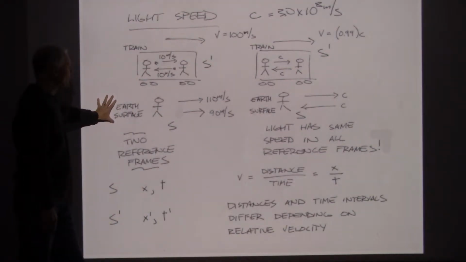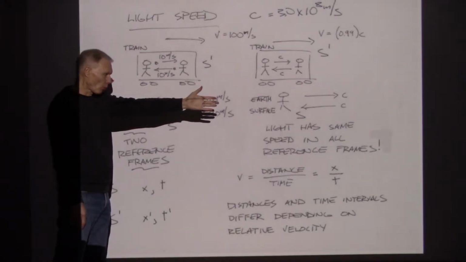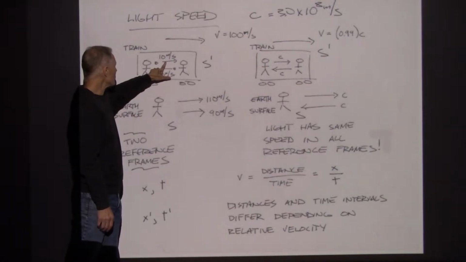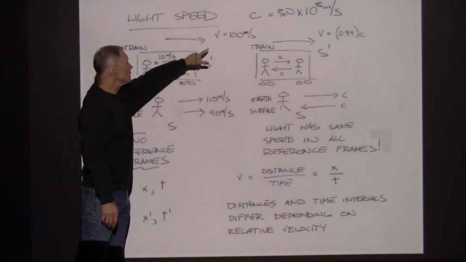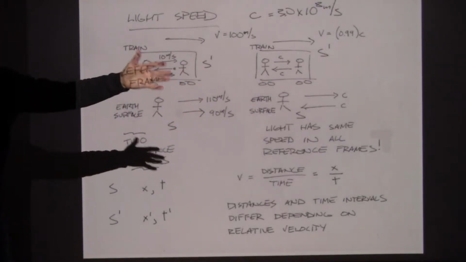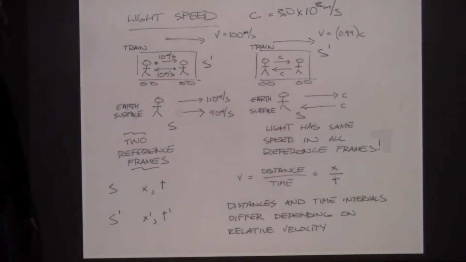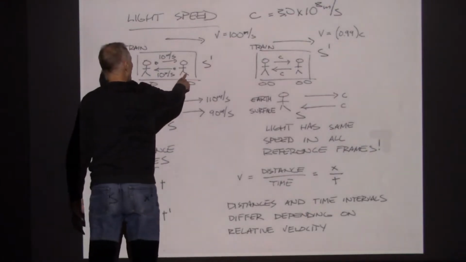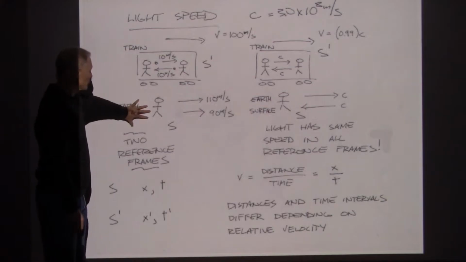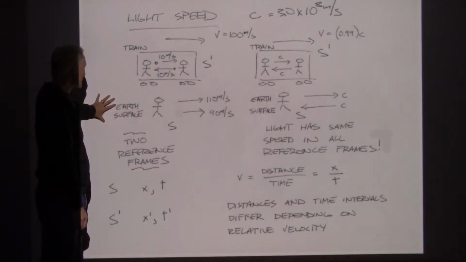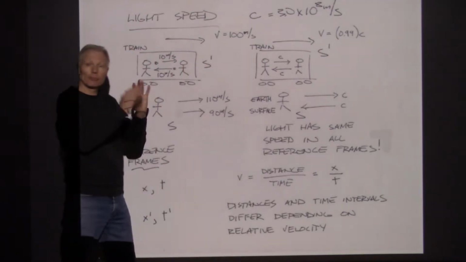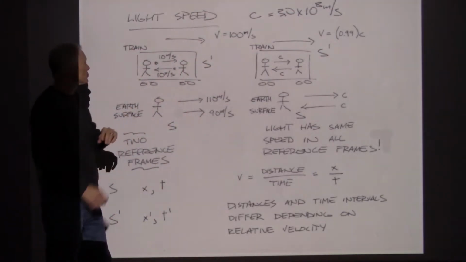Now, a person outside, when the ball is going forward, would say, oh, that's 10 meters per second plus an additional 100 meters per second. That ball is going past me at 110 meters per second. Now, when the person here throws the ball back, well, in the reference frame of the Earth's surface, the train is still going forward at 100 meters per second, this really high speed.